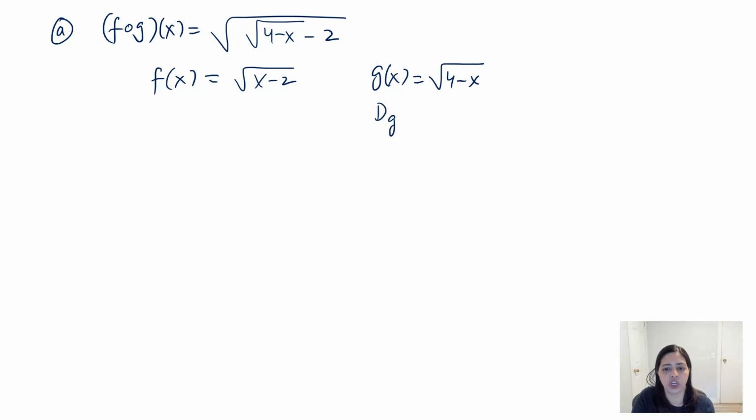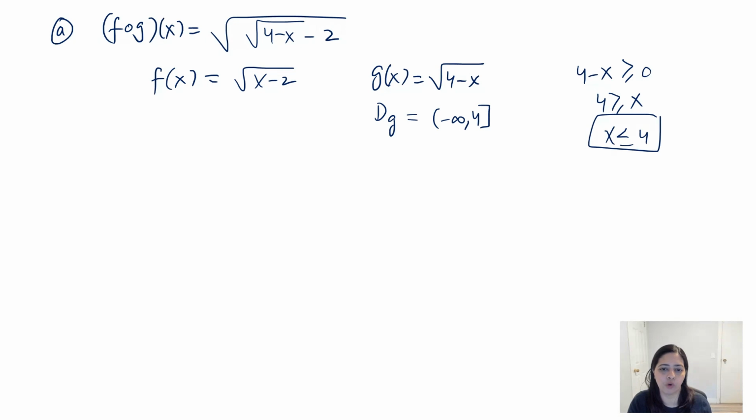We have learned in the past how to find the domain of any square root function. Whatever you see inside the square root has to be non-negative. So you get x less than or equal to 4. That's the domain of g. In terms of interval, this is negative infinity to 4, including 4.